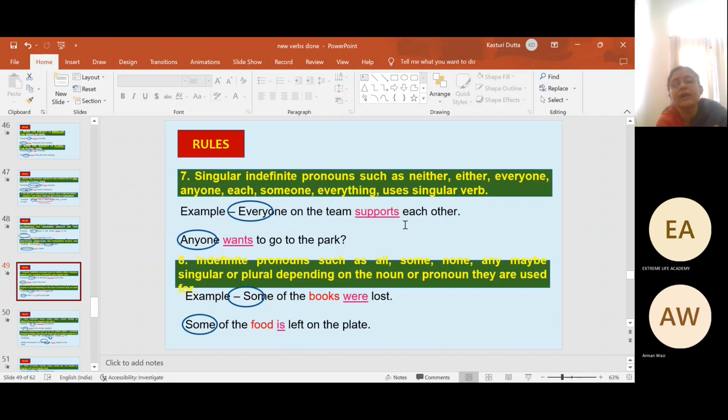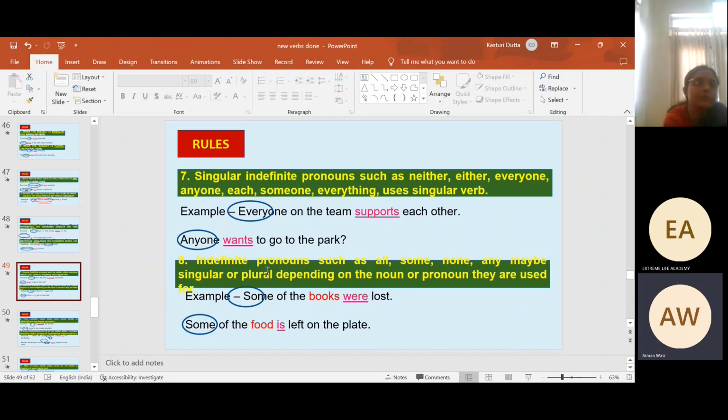So here you have to add s. They're saying keep the singular indefinite pronoun, you have to add s to the verb. Anyone wants to do this. Everyone wants to do this. So these rules you need to keep in mind, how the s is being added.